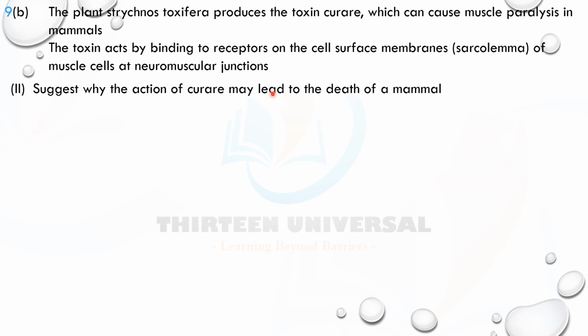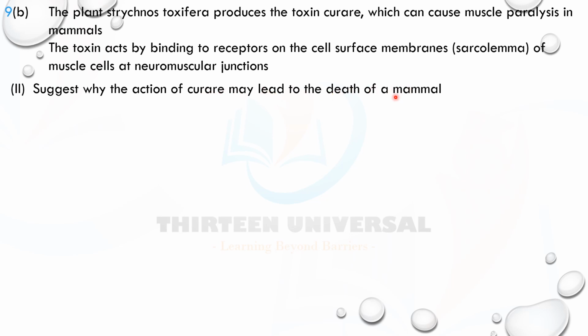If Caie blocks the receptor, maybe it has a similar shape to the neurotransmitter acetylcholine, and maybe it's complementary to the receptor of this neurotransmitter. So it binds to the receptor and blocks it. That means there's not going to be transmission of impulses. This suggests why the action of Caie may lead to the death of the mammal.